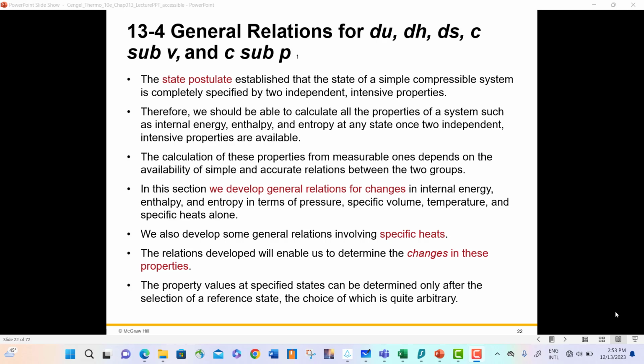You know that because when we use the tables, you only need two independent intensive properties, because then we can just go to the tables and get all of that data. These data points are how they have used the relations to give you information so that you don't have to use all of those formulas to measure it yourself.